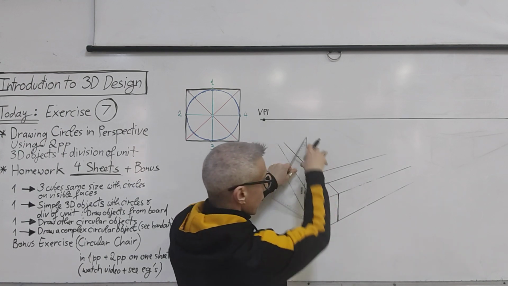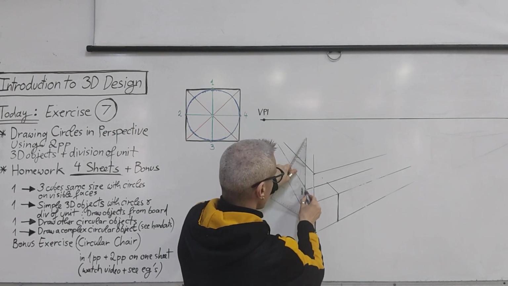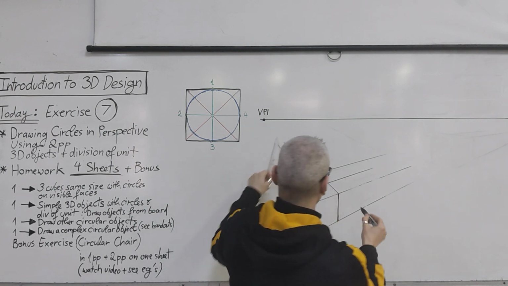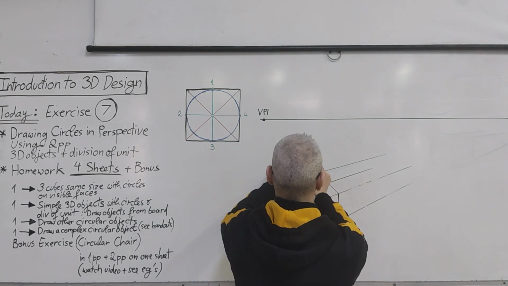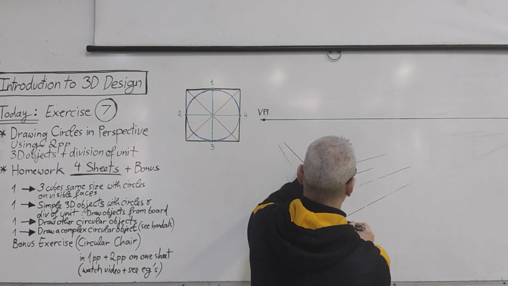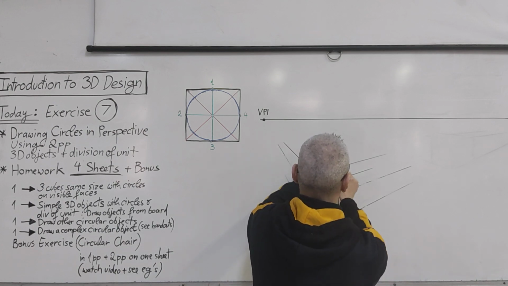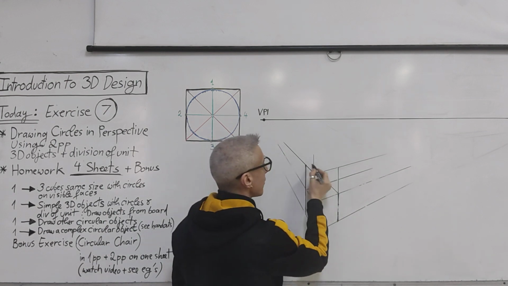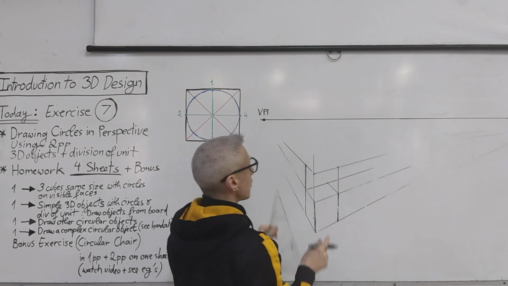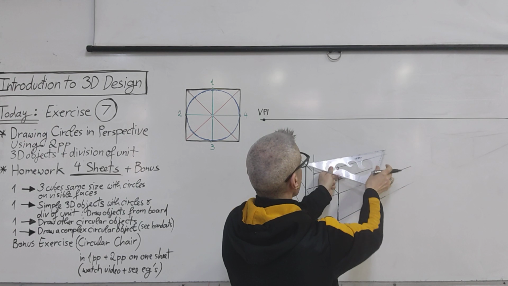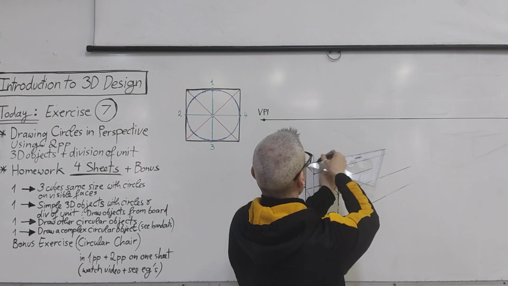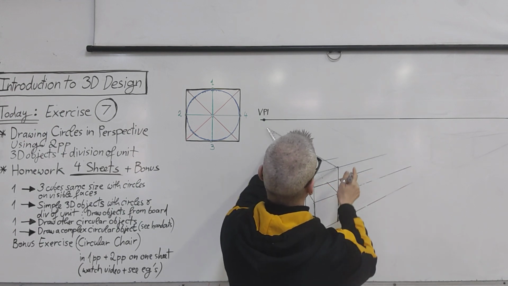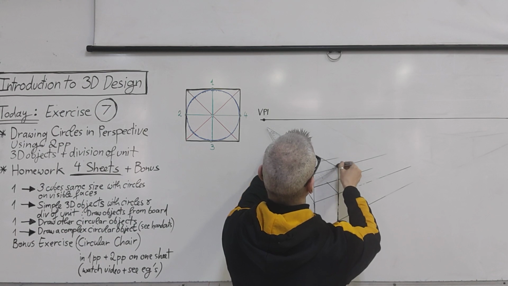Because they're on top of each other and the same size, we just put the lines up from here and the line up from here. Where these two lines touch, from here and from here, again to the vanishing point, and to this vanishing point.